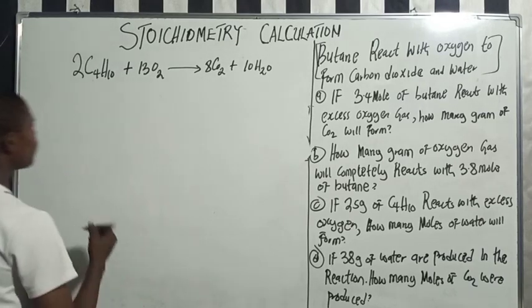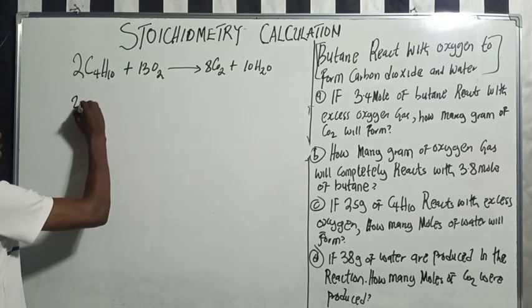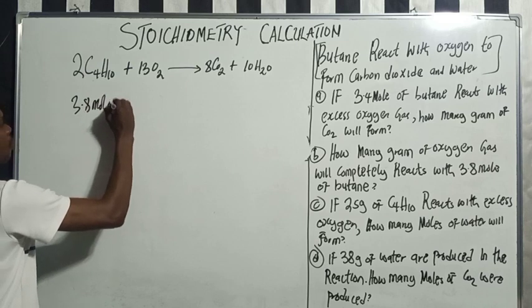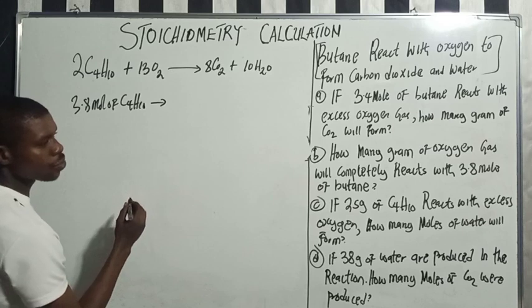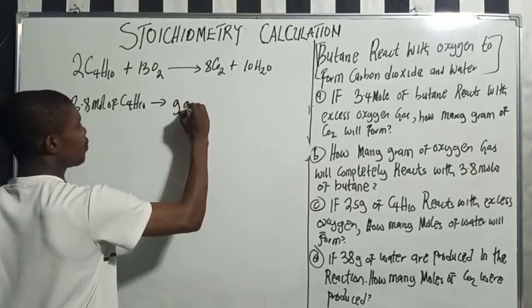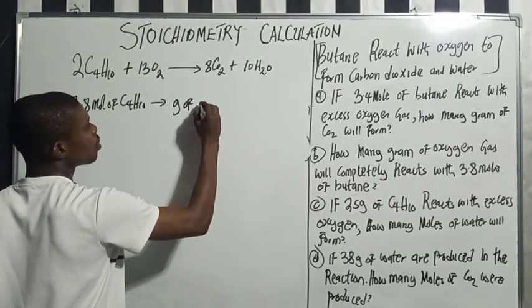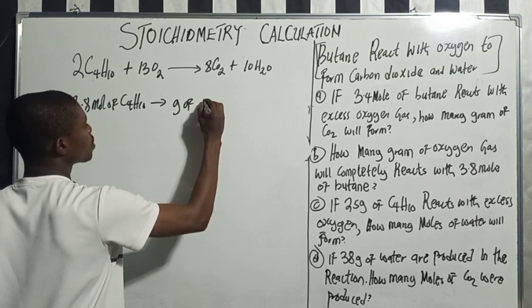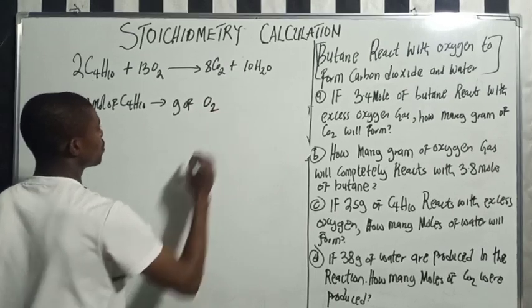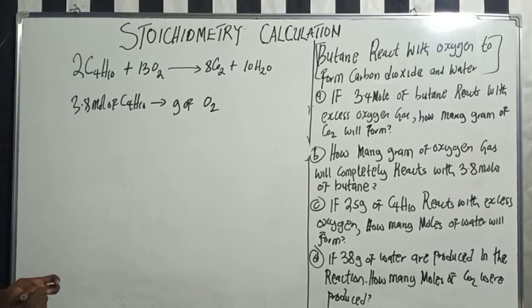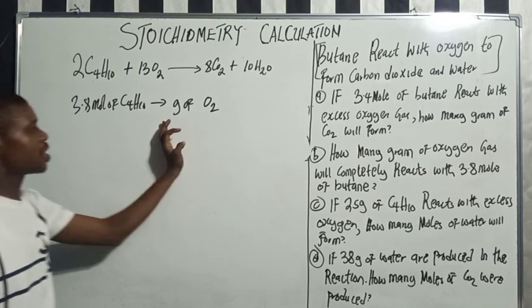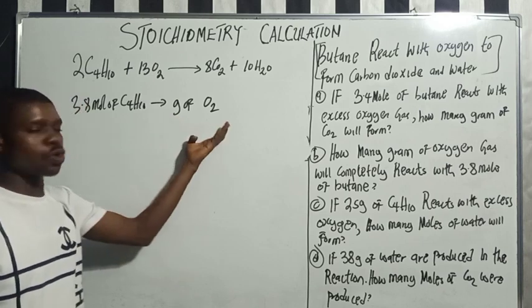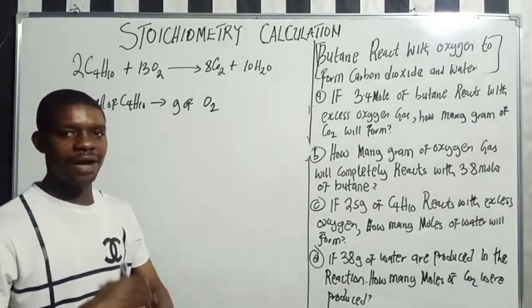That is, I'm converting 3.8 moles of C4H10 to gram of O2. Do you see that? So then I'm going to move from mole of C4H10 to gram of O2. It's the same thing we have done.